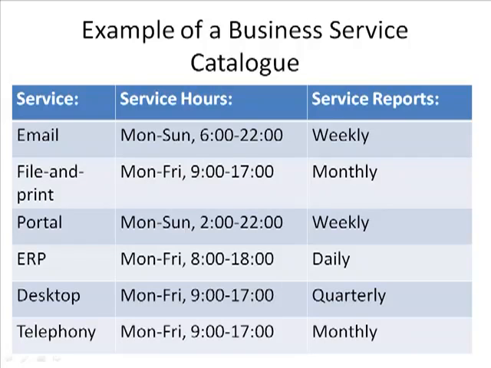I've got my service opening hours, Monday to Sunday, 6 to 10 for email, and Monday to Friday from 9 to 5, for example, for file and print. Also, I say something about the frequency of providing all these service reports to the customer. Email weekly, file and print monthly, portal weekly. So it's really an overview of all the services you are actively providing or you are able to provide to your customers.